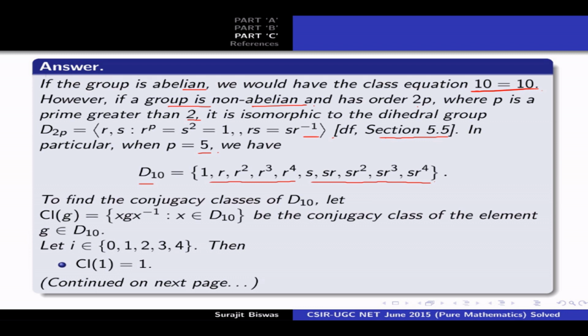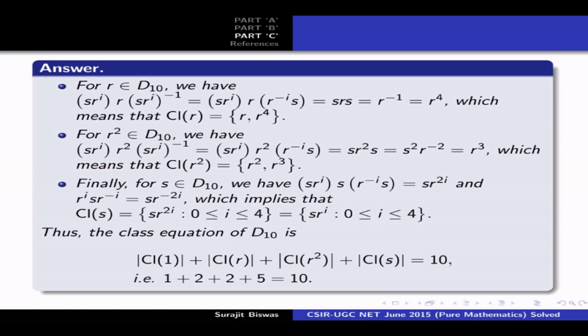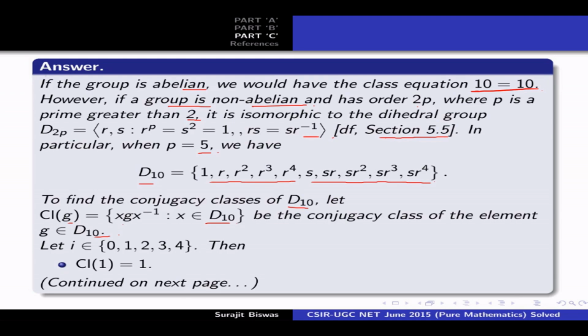To find the conjugacy classes of D10, let the class of g equal to xgx inverse, x belongs to D10, be the conjugacy class of the element g belonging to D10. Here i is a variable which we are considering to represent the power of r.